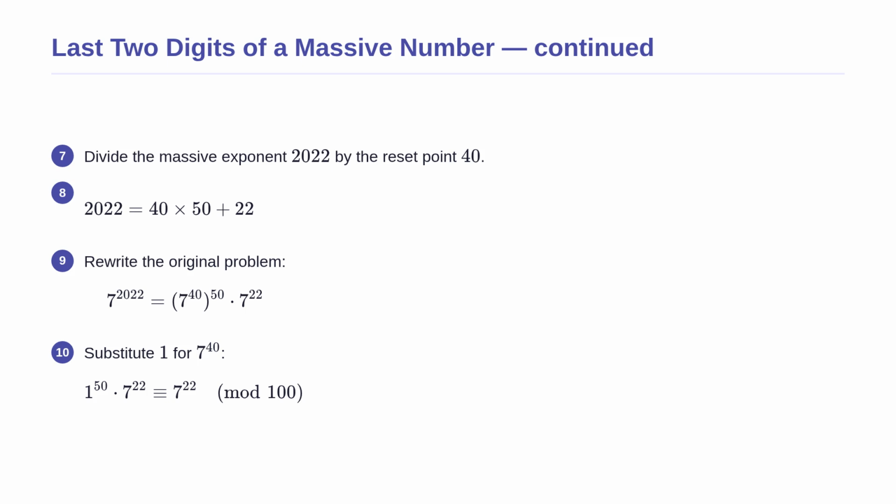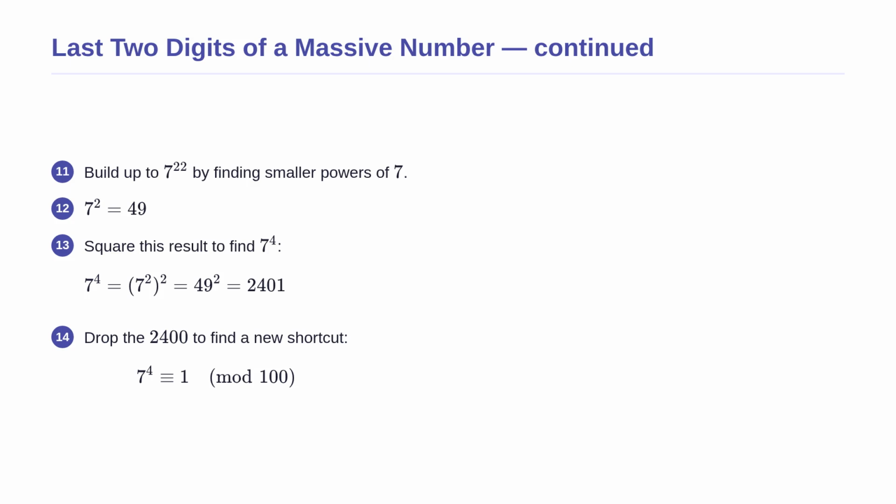Because we are working modulo 100, we can completely replace 7 to the power of 40 with the number 1. 1 raised to the power of 50 is still just 1, so that entire massive chunk simply vanishes, leaving us with just 7 to the power of 22. We have successfully reduced the terrifying problem down to calculating 7 to the power 22 modulo 100.